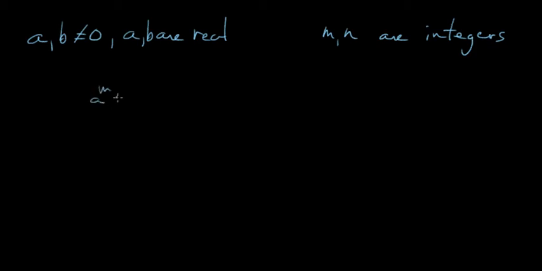A to the M times A to the N equals A to the M plus N. What that means is x to the 5th power times x to the 3rd power. Think about that. X to the 5th power is x times x times x times x times x.